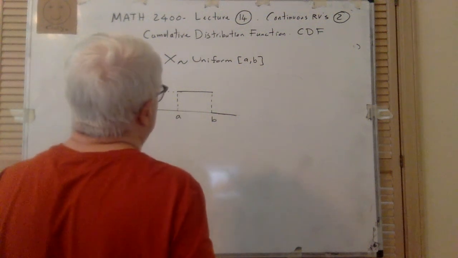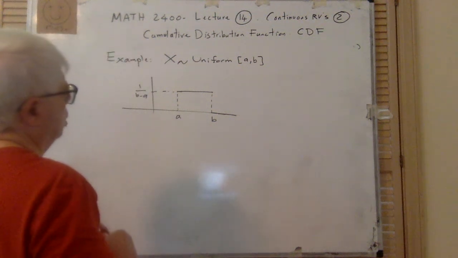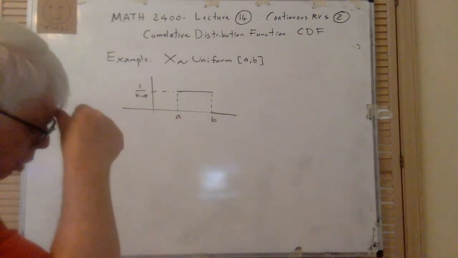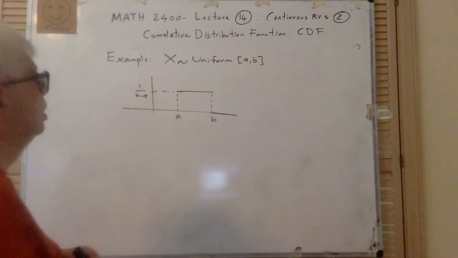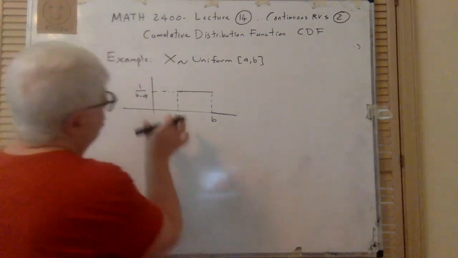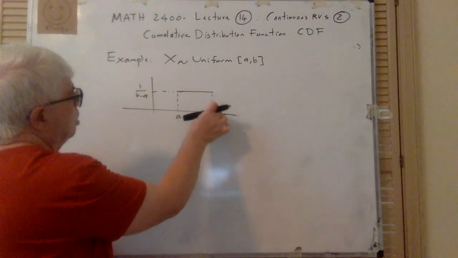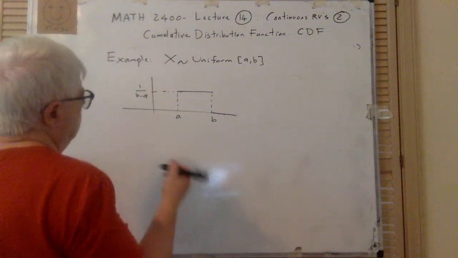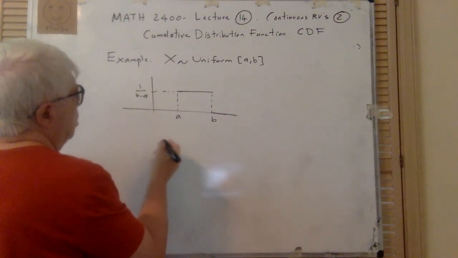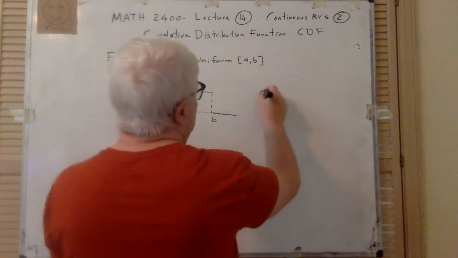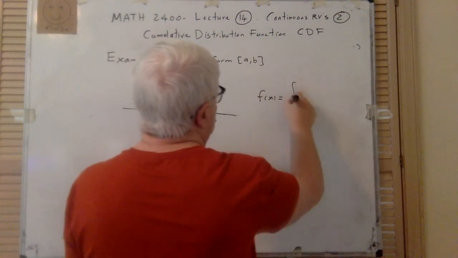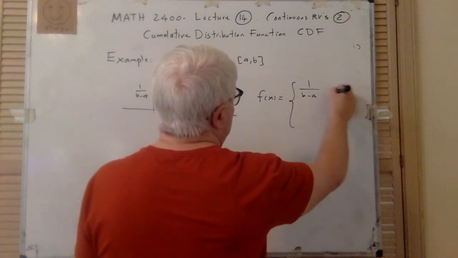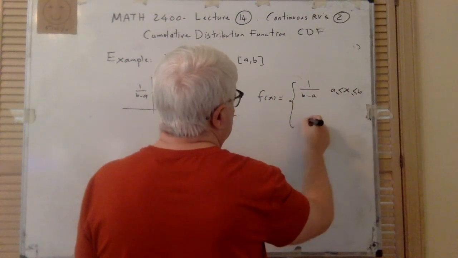Okay. So now you might say this is not continuous, you're right, but it is piecewise continuous. Okay, so that also works for piecewise continuous. It's continuous here, then a jump, continuous here, then continuous here. So let's see. What is F_X? f_X is 1 over b minus a for x between a and b, and 0 otherwise.